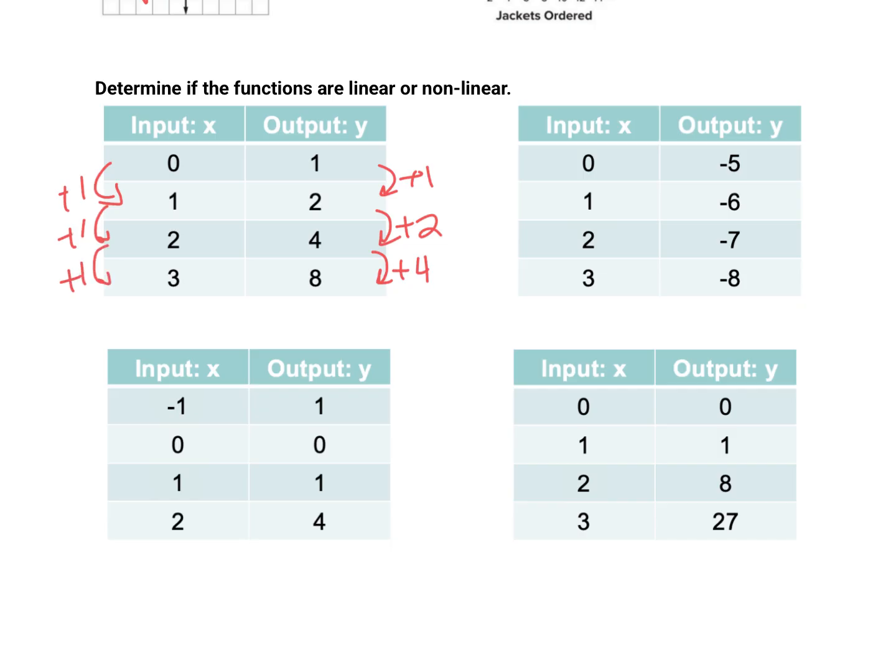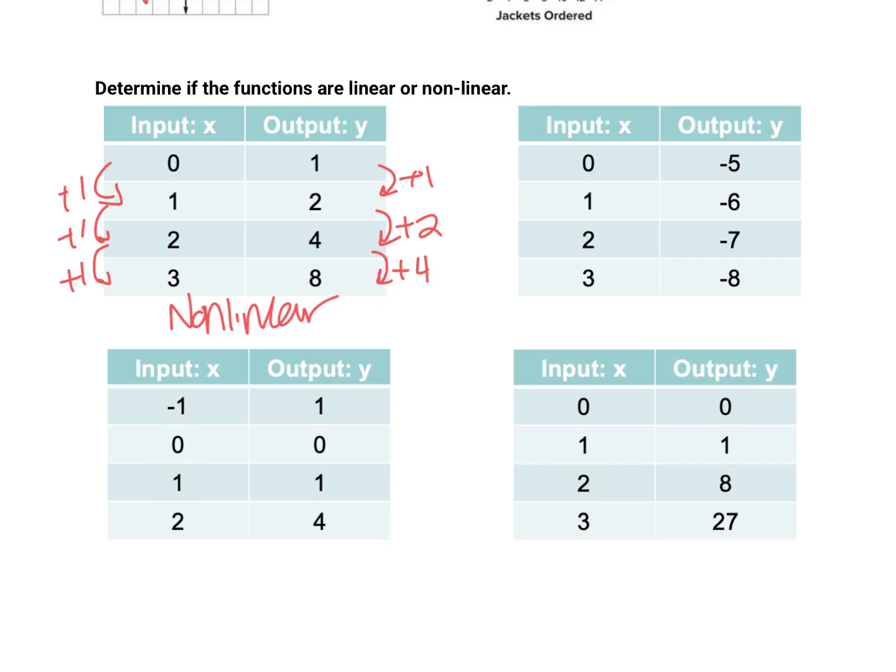So we have to look to see on both sides, is it a constant number that I'm either adding or subtracting to get the following number in the table? Since here on that y column, we don't have a consistent number, it jumps from 1 to 2, then to 4, this would be nonlinear. And again, because it's not that constant rate of change, that's what makes it nonlinear.